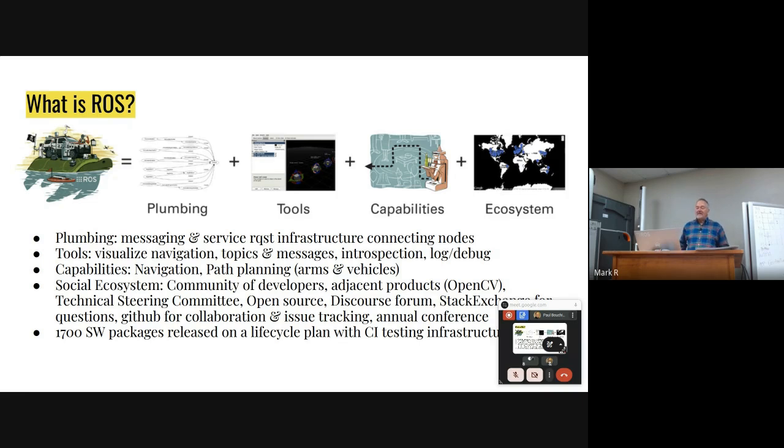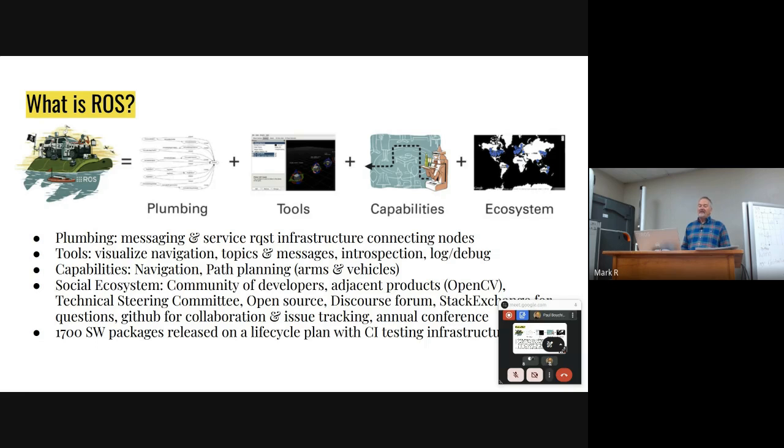It's also, though, tools to let you visualize navigation, and we'll be seeing some of them. It's topics and messages, introspection, so looking at what messages are defined as, what they mean, and logging and playing back logs, inspecting logs for debug. It's a set of capabilities, including navigation, which is the focus of this talk, and path planning, both for arms and vehicles.